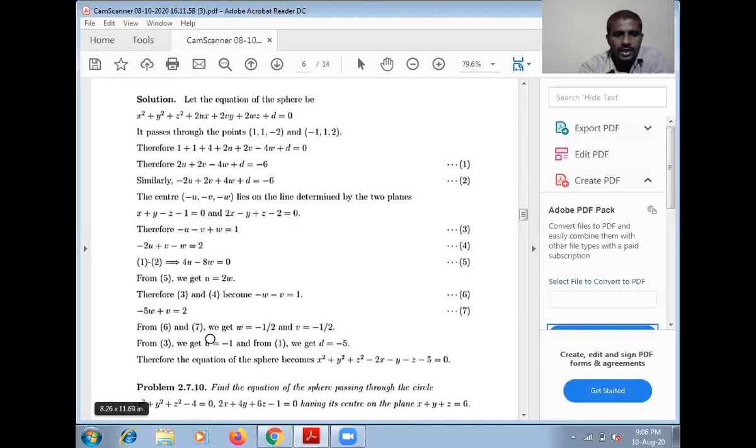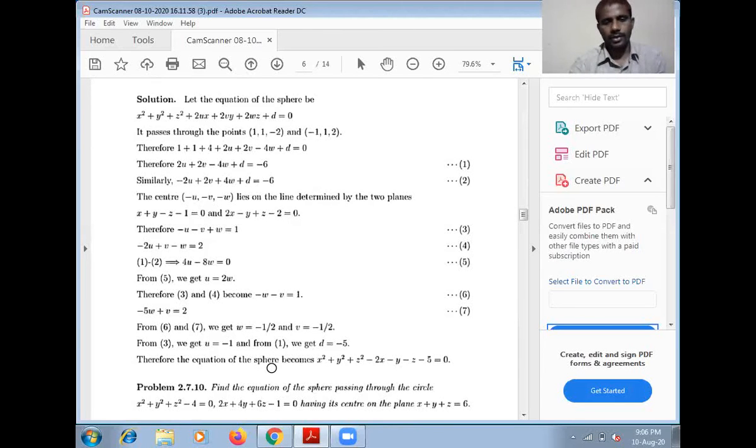From 6 and 7, we get w equal to minus 1 by 2, v equal to minus 1 by 2. So from 3, we get u equal to minus 1. And from 1, we get d equal to minus 5. So by solving 1, 2, 3, 4 we get the u, v, w, d values.